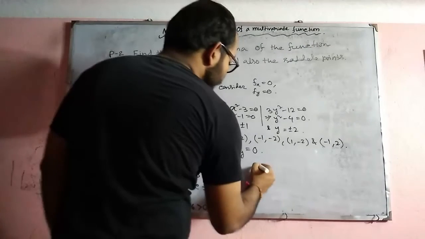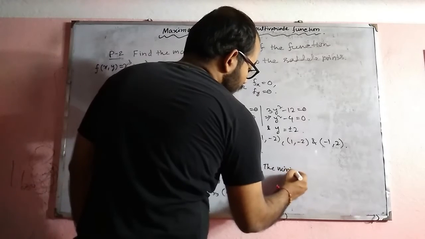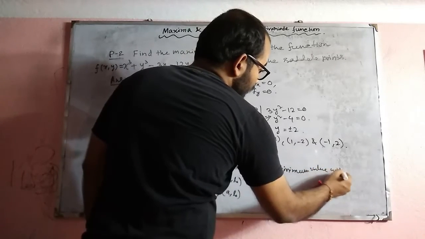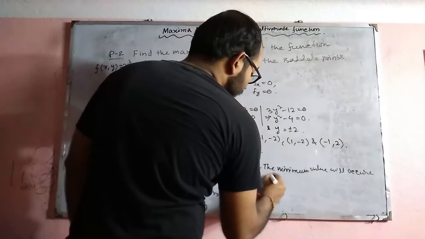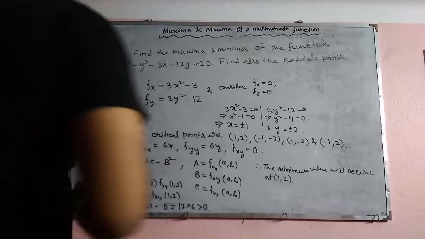So the minimum value will occur at 1, 2. Okay.